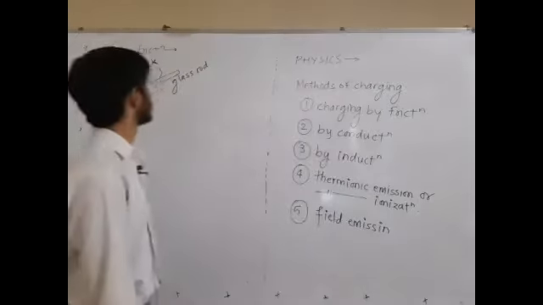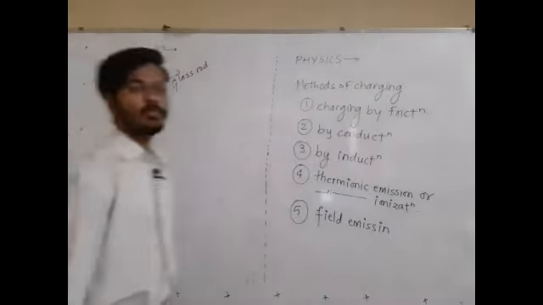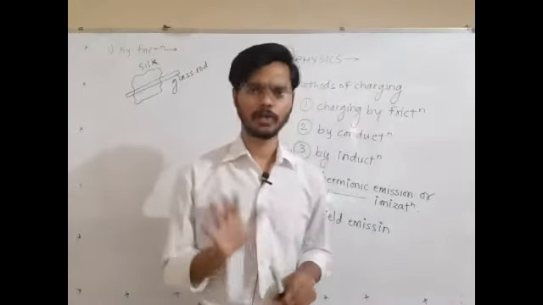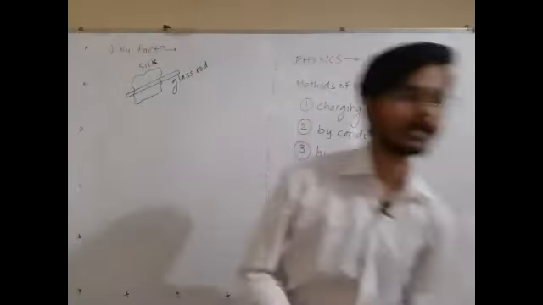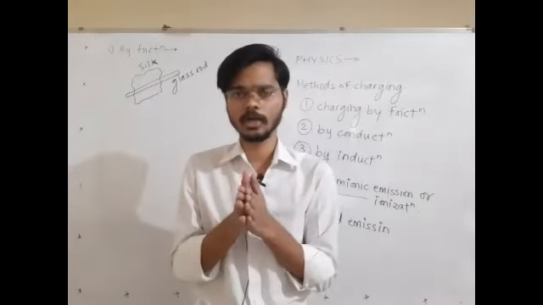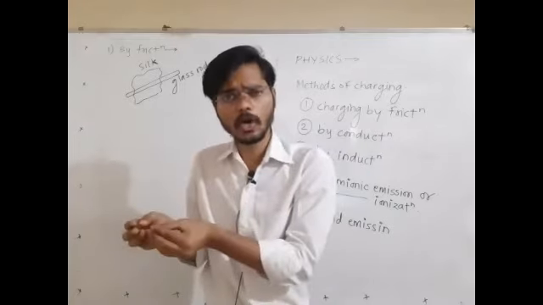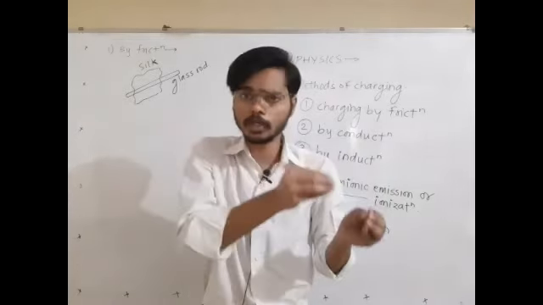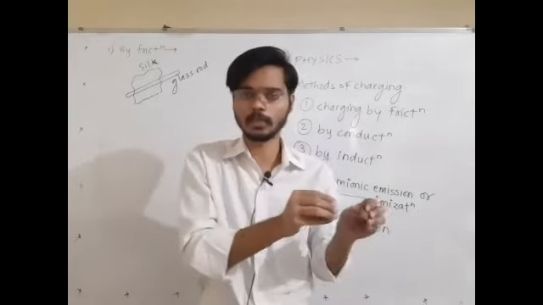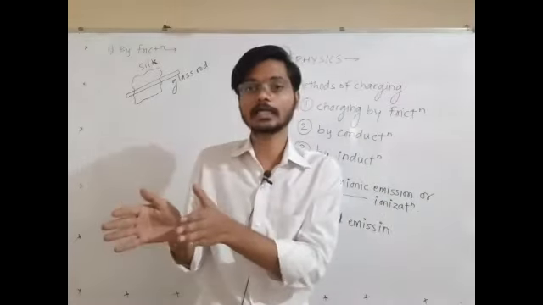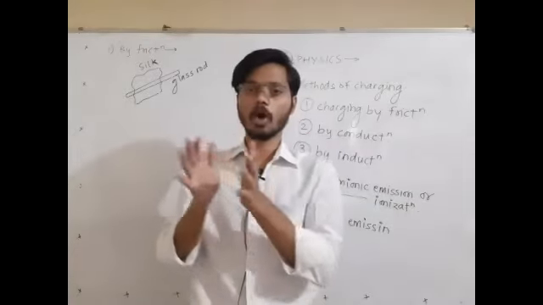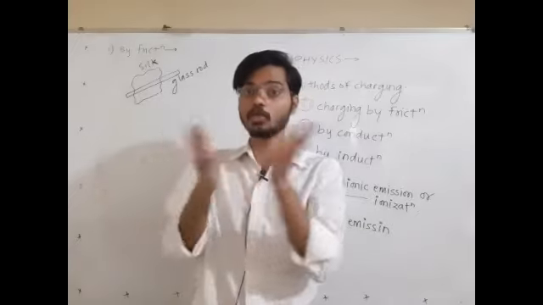So what happens is this: when two neutral bodies are rubbed against each other, electrons from one body are transferred to another body. Now from which body are electrons transferred to which body?